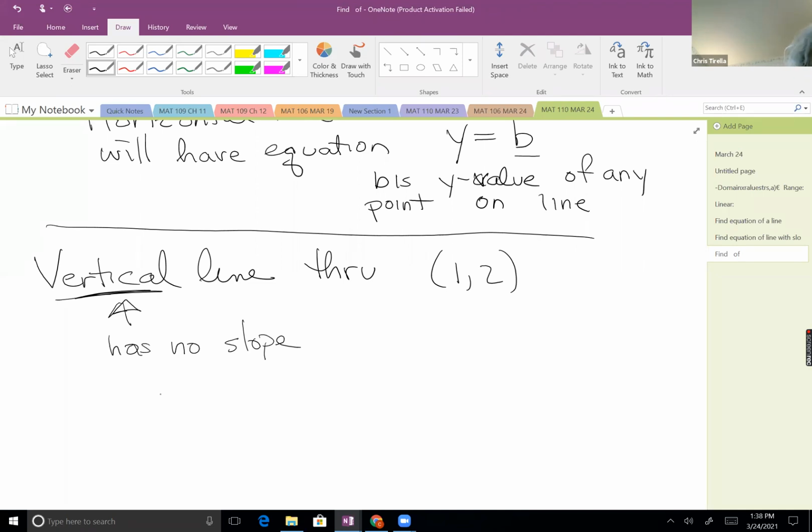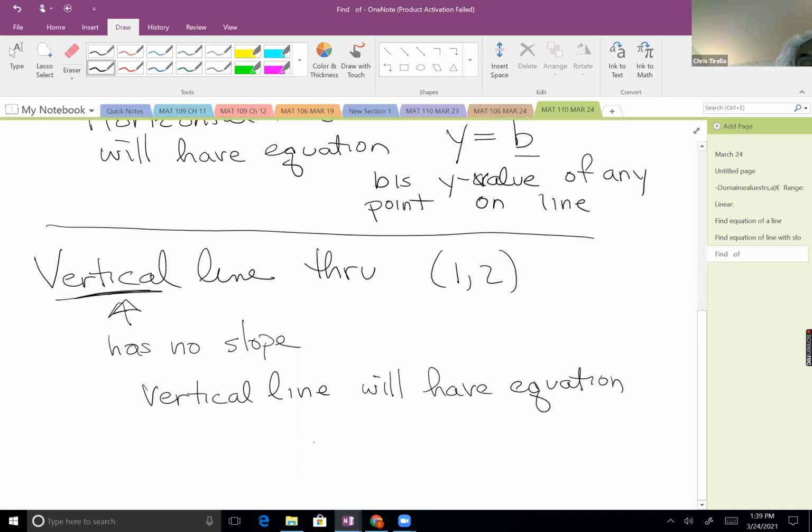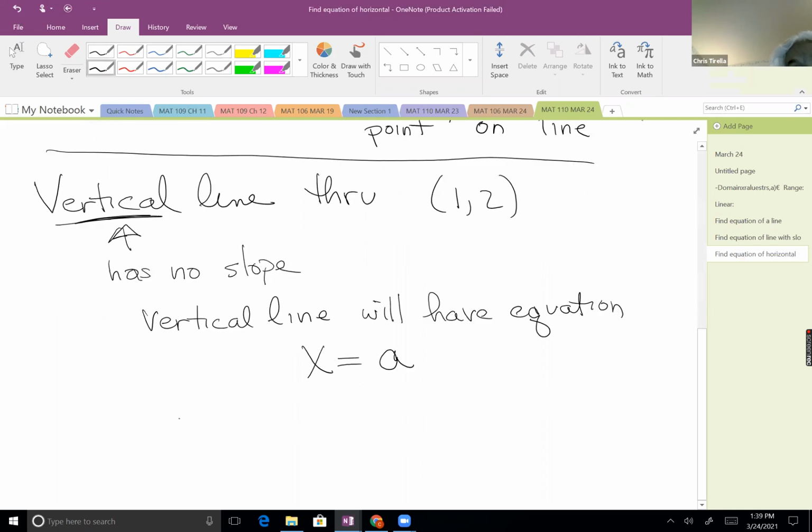And so a vertical line, remember, in order to be vertical, the x values were always the same. A vertical line will always have as its equation x equals some quantity a, where a is the x value of a point on the line.